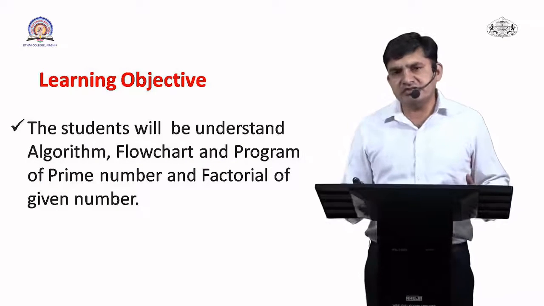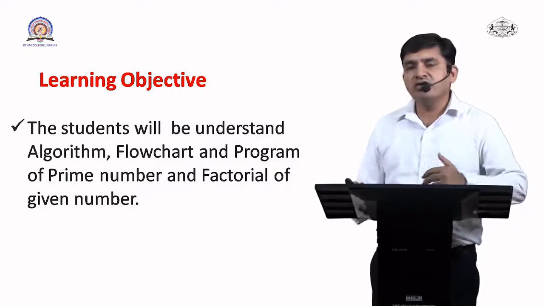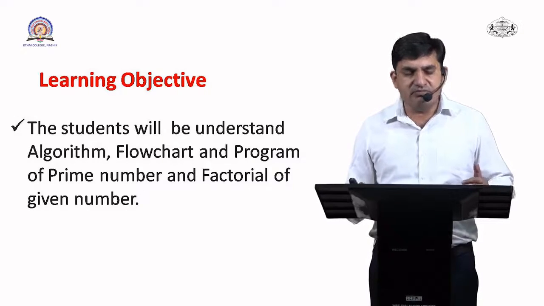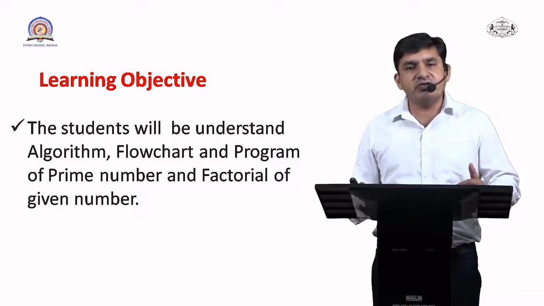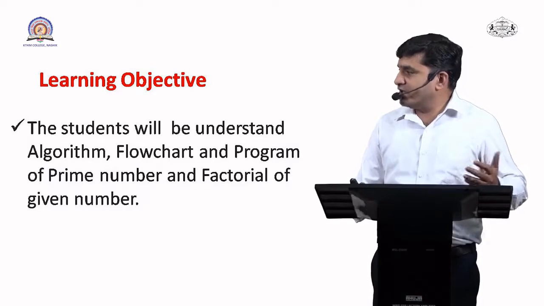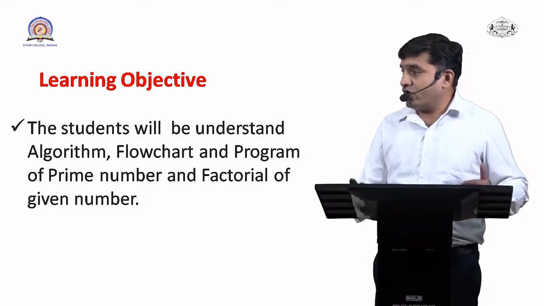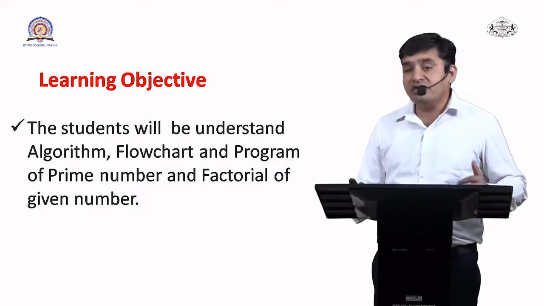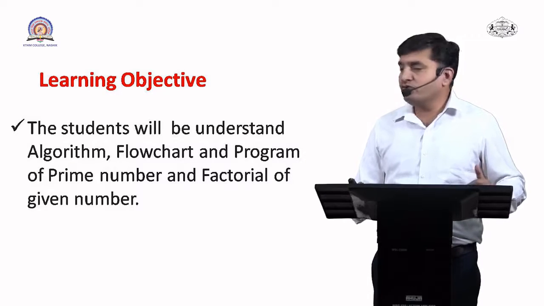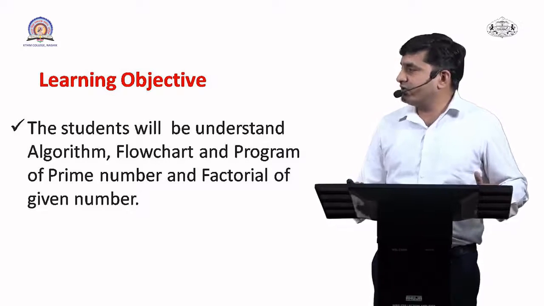After attending this lecture, students will understand what a prime number is and what a factorial of a given number is, and will also be able to draw a flowchart, write an algorithm and write a program to print prime numbers and to find the factorial of a given number.